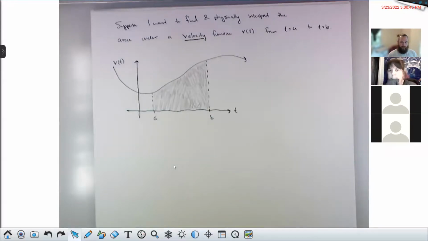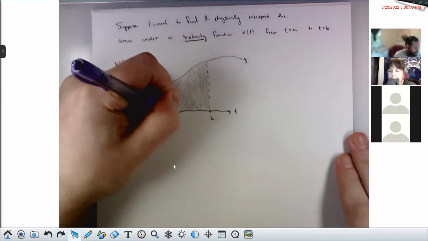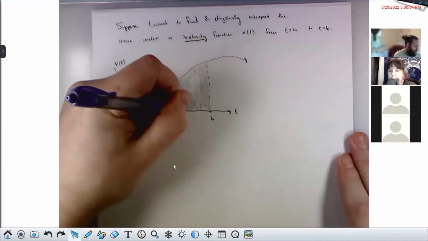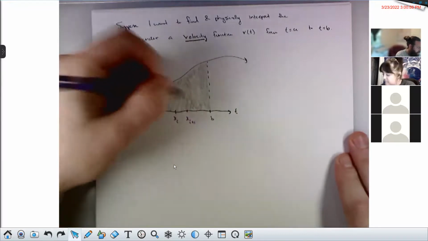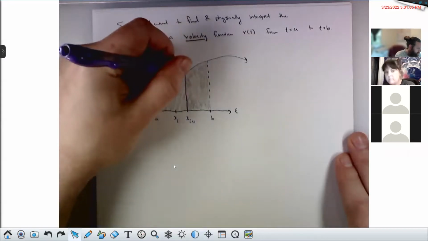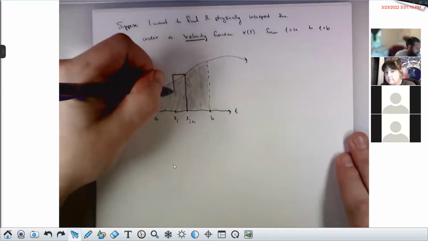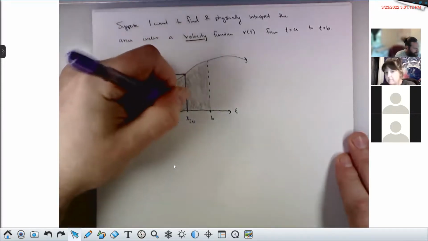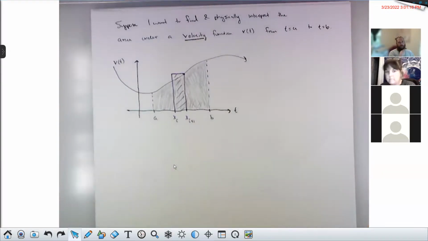I'm going to draw in just one rectangle. We'll call this t sub i, and we'll call this t sub i plus 1. And I'll go ahead and assume that I'm using a right endpoint Riemann sum. We have the understanding here that there are many rectangles that I could draw if I wanted to.